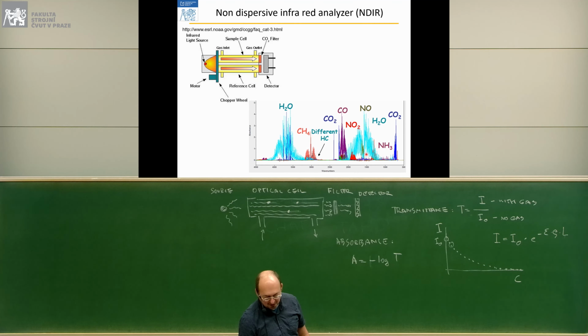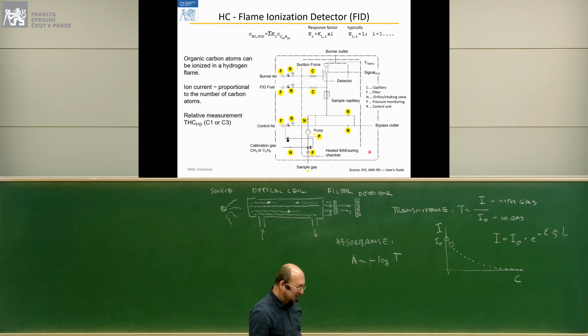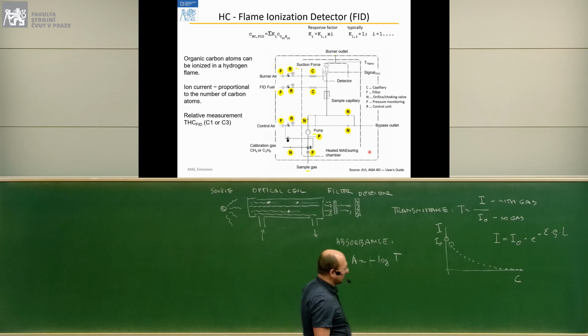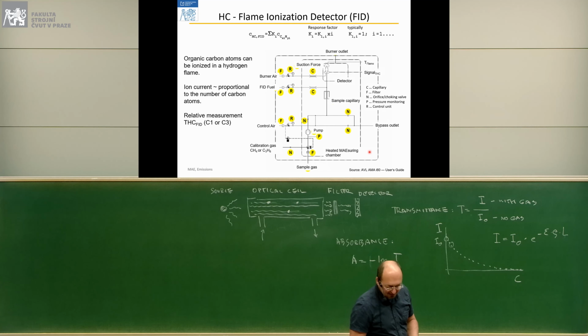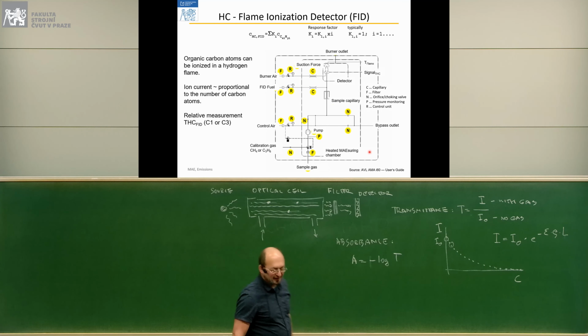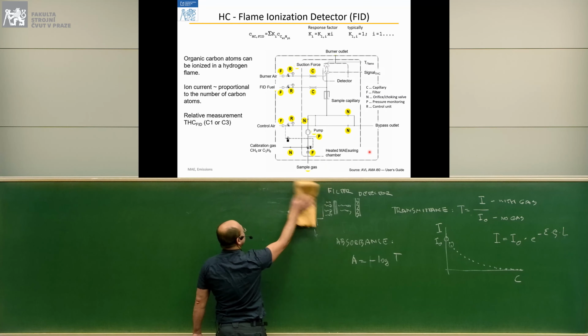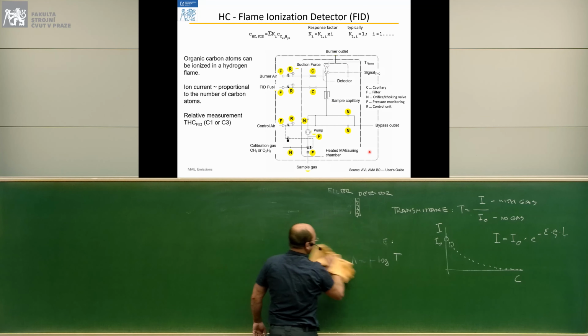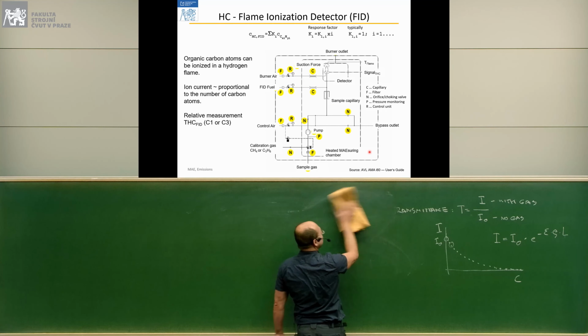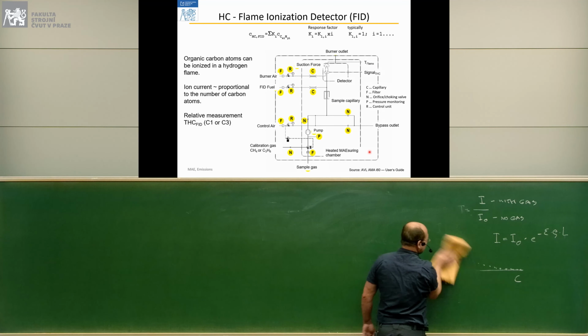Same thing for ammonia. So for the other pollutants, you need to find different method of measurement. For hydrocarbons, the favorite method and the reference method for most measurement is flame ionization detector.